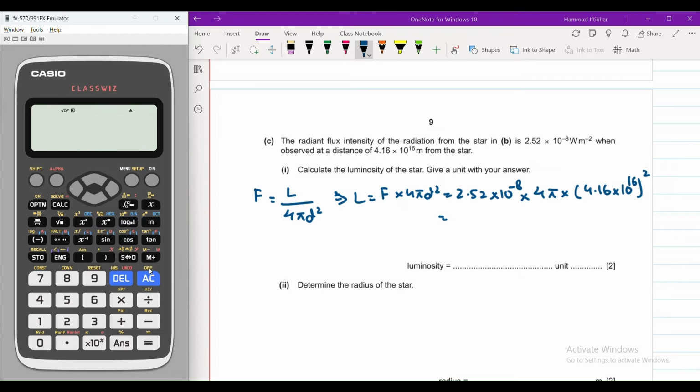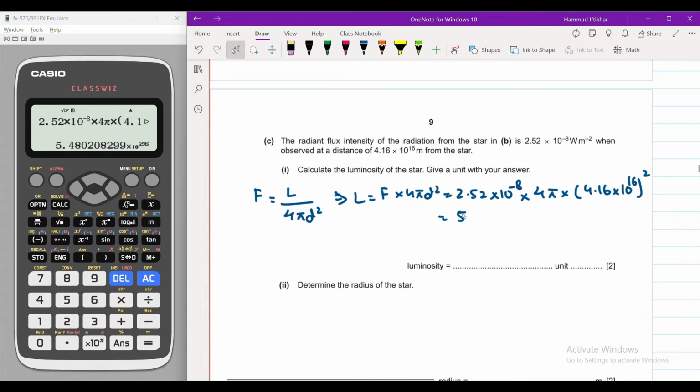So we get 2.52 times 10 raised to power minus 8 times 4 pi times 4.16 times 10 raised to power 16, squared.